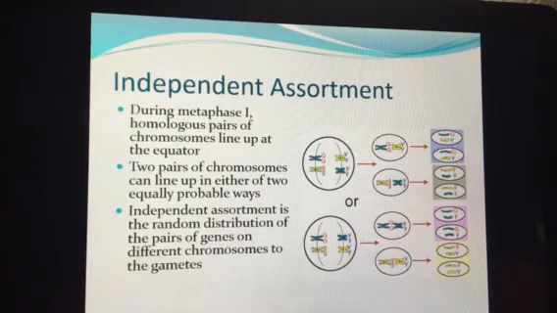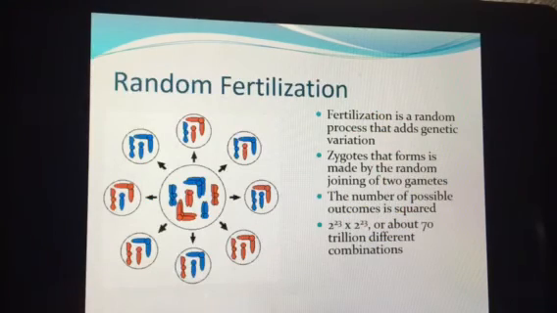So you might see that your parents might have multiple children, and you might have similar characteristics, but you might not look alike at all. So this is the reason, independent assortment.